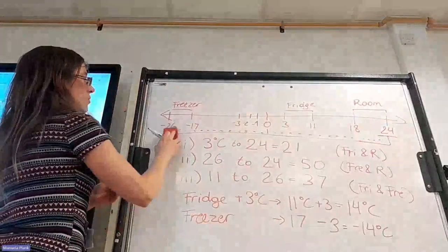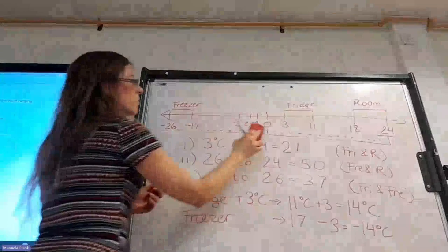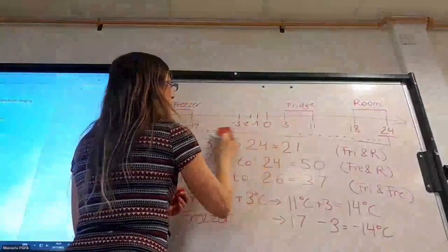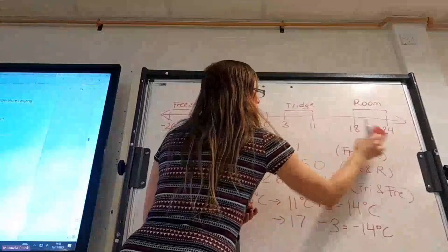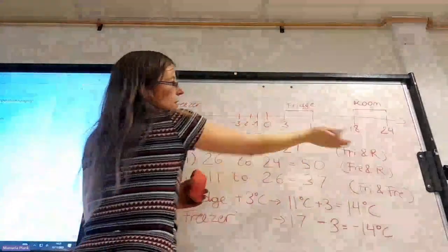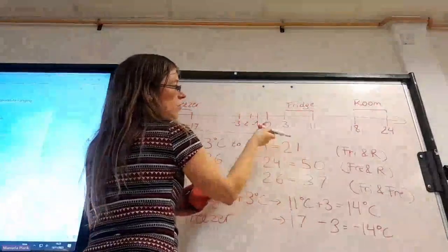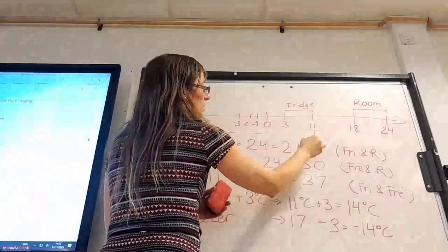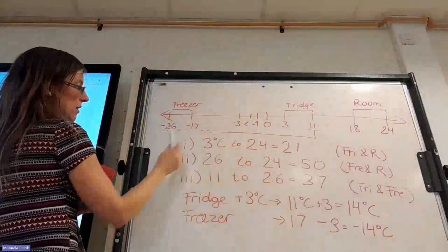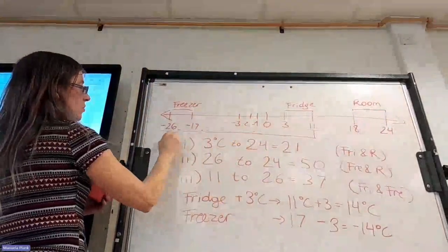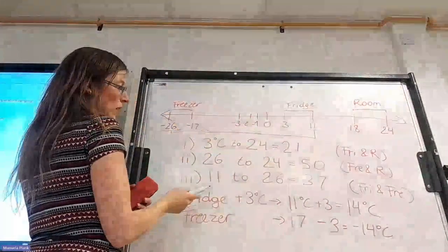Okay, so the next one is between the fridge and the freezer. So we have the fridge here and the freezer. We take the number that is furthest out to the right, which is 11, because we can go further. 11 is further, so we take that one. And the biggest number to that side is 26. So we have the longest distance between those two.